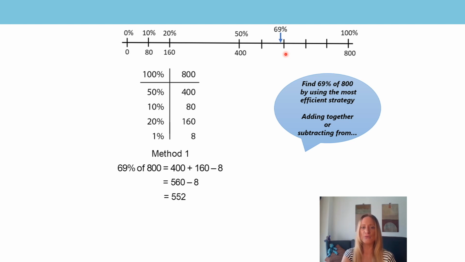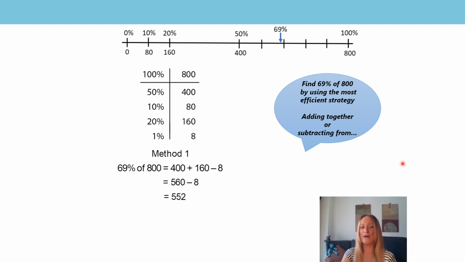Gosh, we're so knowledgeable with our hundredths. So if we're removing 1%, if we're decreasing by 1%, we need to subtract 8. So that was good. Was that adding together or subtracting from method? It was subtracting from, wasn't it? We have subtracted from 70%. And we added together as well, because we combined 50% and 20% first and then subtracted from it.